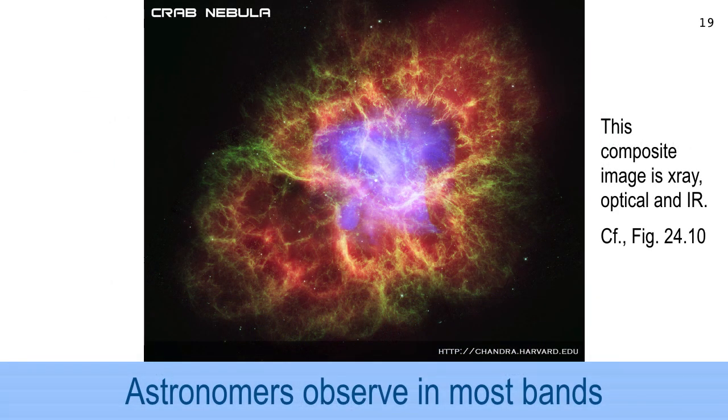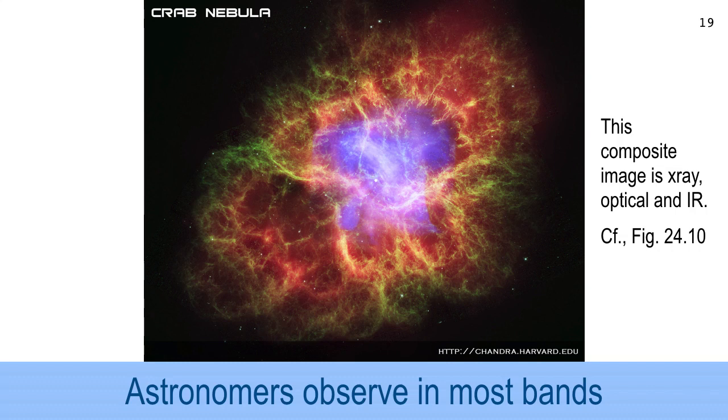Astronomers observe in most of the bands. Now for some things like X-rays, we have to go above the atmosphere. But this one here, let's see my notes. I don't have my notes on this one. This one is a composite of X-ray, optical, and infrared.